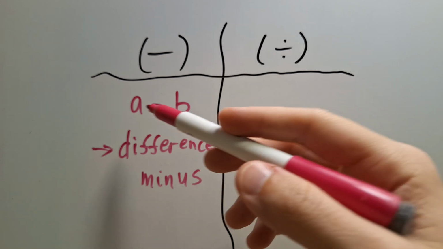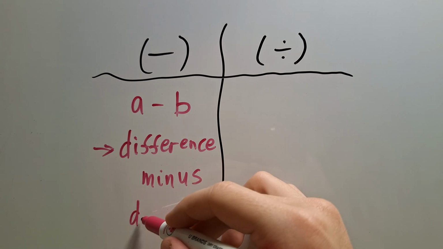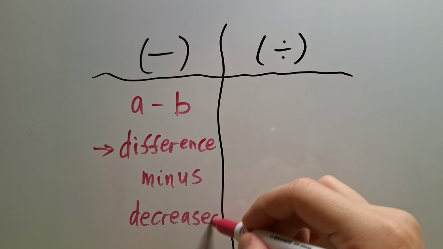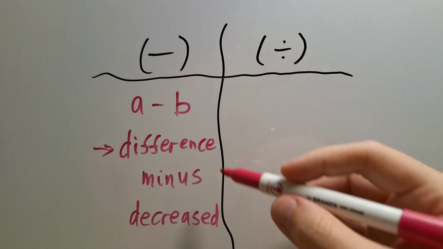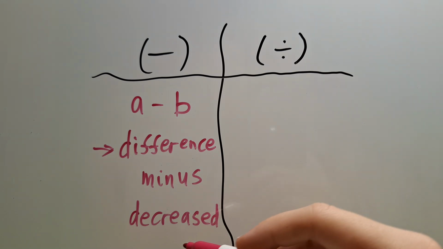We can also say A decreased by B. We can also say B less than A. So, less than.